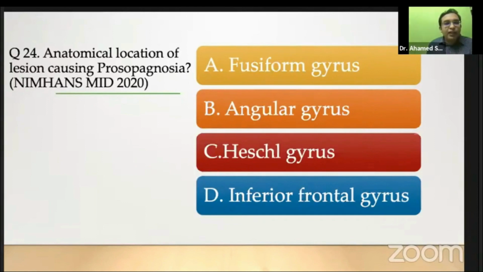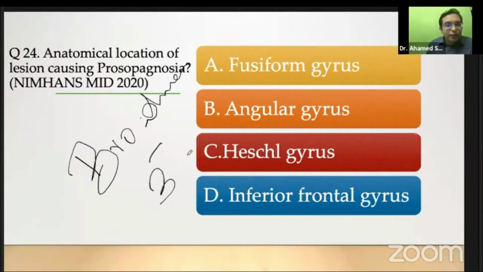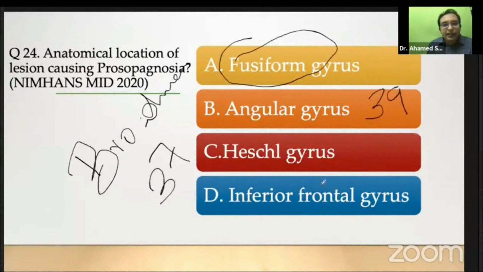So the anatomical location of lesions causing prosopagnosia. We discussed prosopagnosia at large. So that was actually, if somebody remembers, Brodmann area 37. Brodmann area 37 corresponds to the fusiform gyrus. Just revising, angular gyrus is 39.